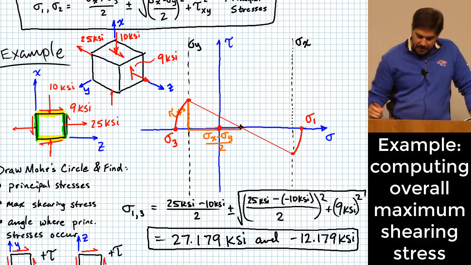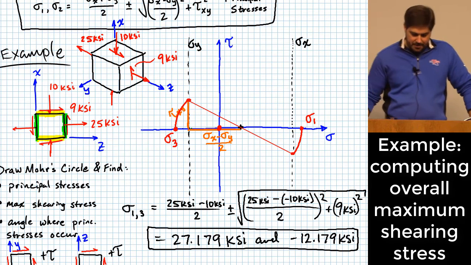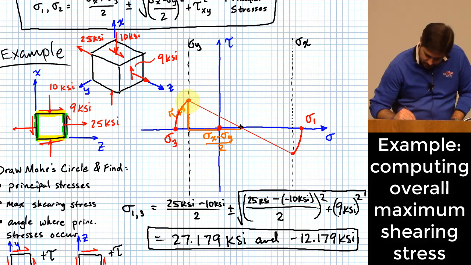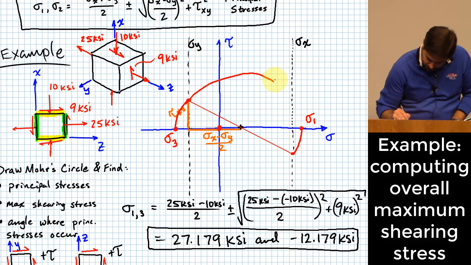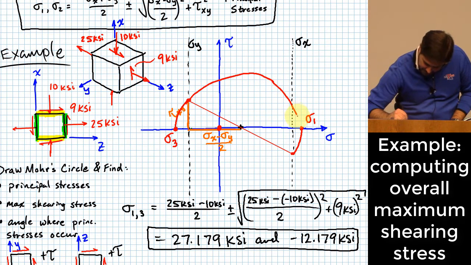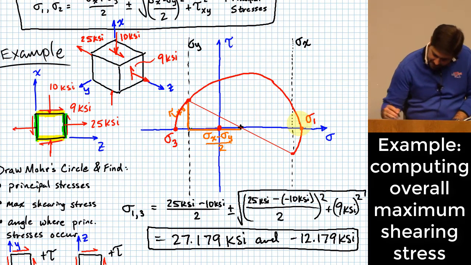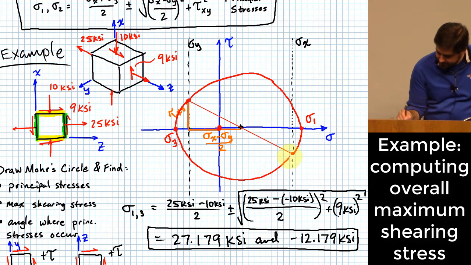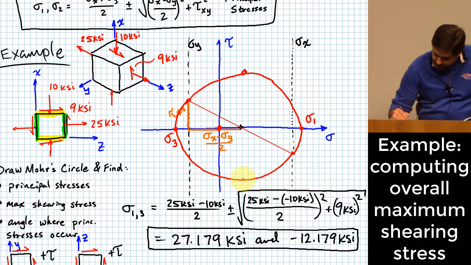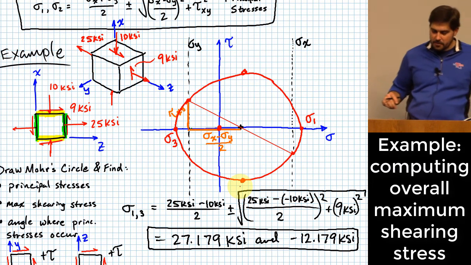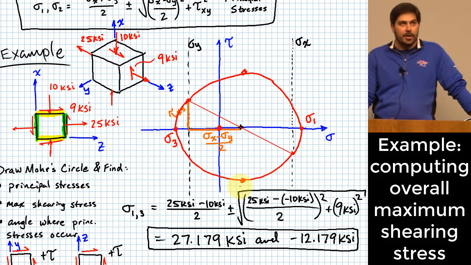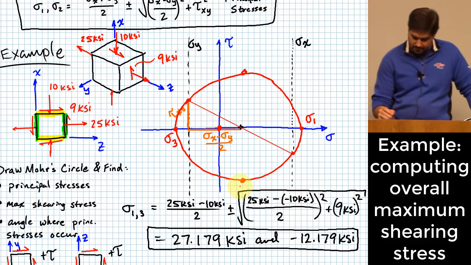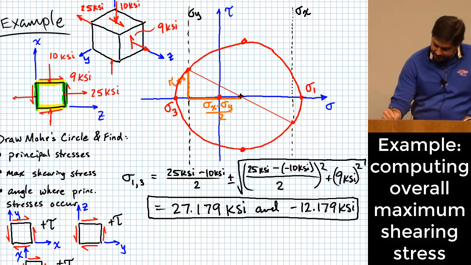Well, what if I want to deal with my maximum shearing stress? I'm not sure if I'm drawing this nicely or not. It doesn't look like it's going to win any art prizes. But where we get up to up here and down here is what we're talking about. Well, how do I know that? It's just the radius of the circle.